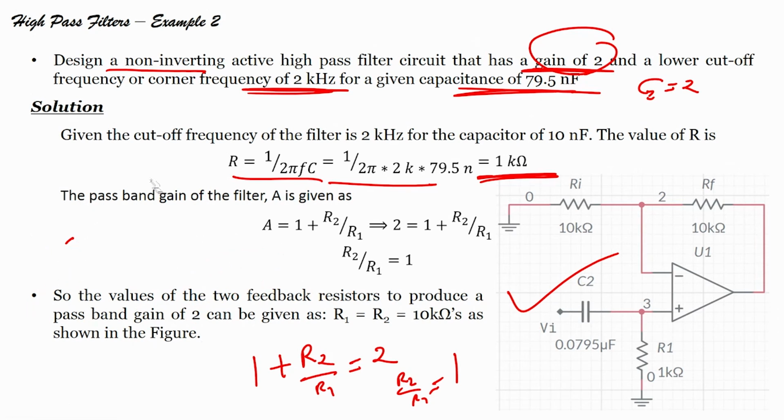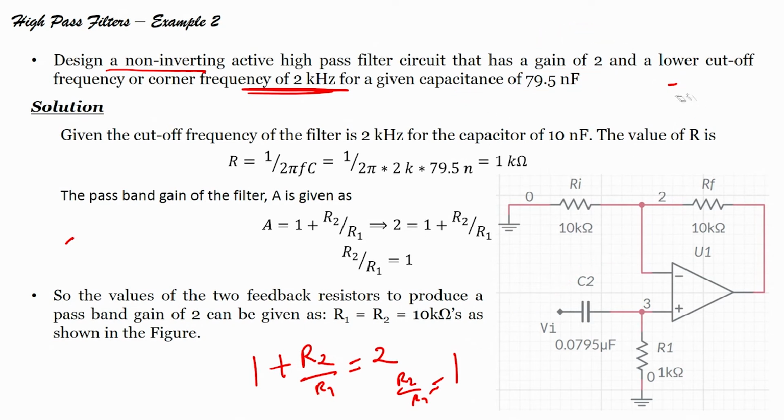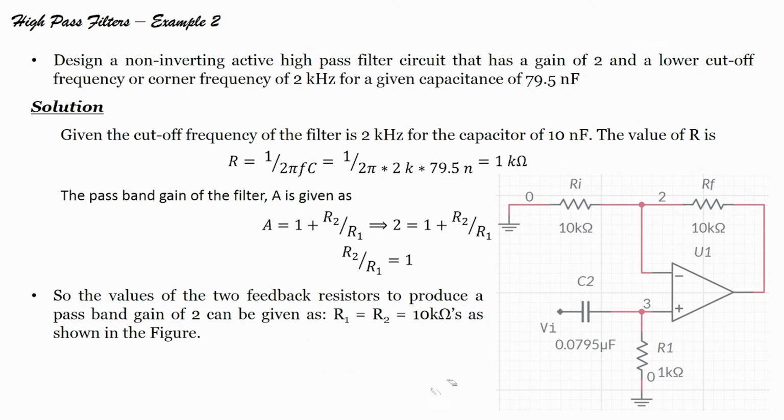So, the point is that with the operational amplifier we can design filters that allow a certain band of frequency to pass and a certain band of frequency to stop. We have seen high pass filters in this module.